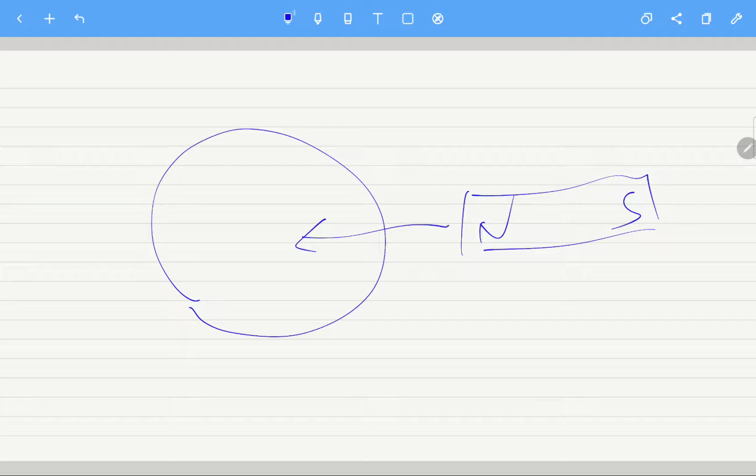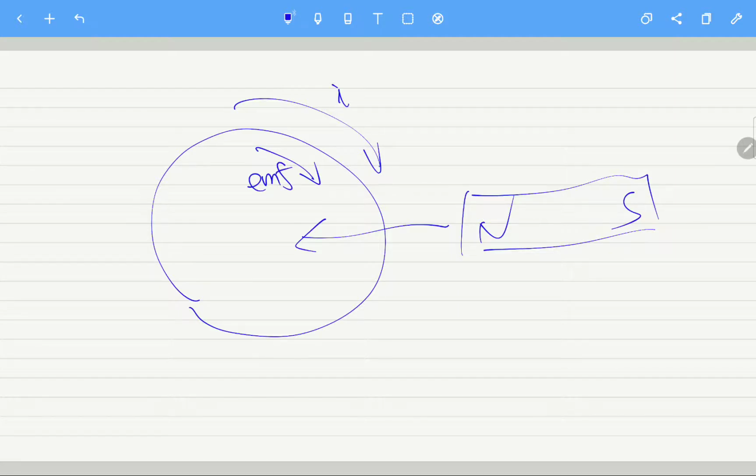Then there will be an induced current going clockwise or counterclockwise, depending on whether it is a north pole or south pole, and whether it is moving closer or moving away. Say the current is going clockwise, which means there will be an electromotive force.